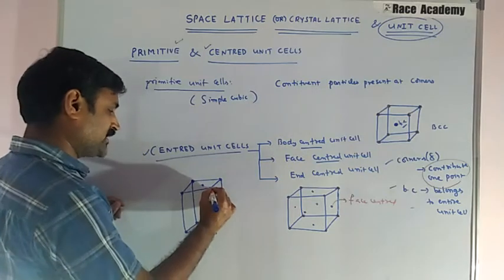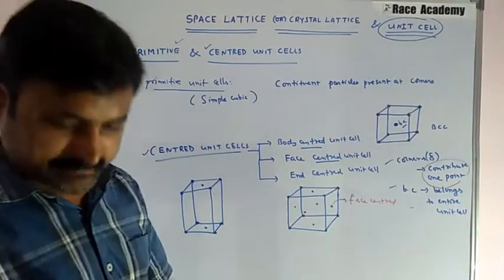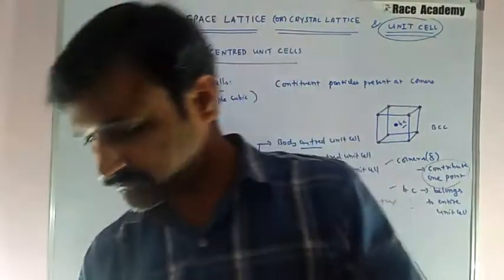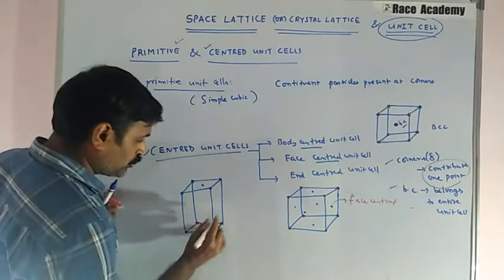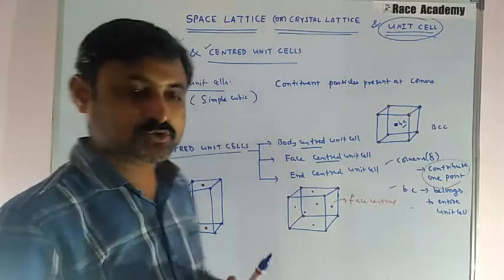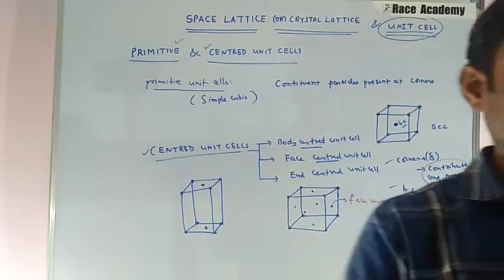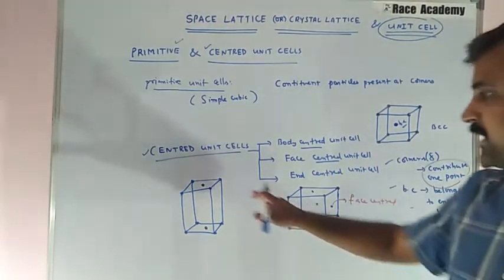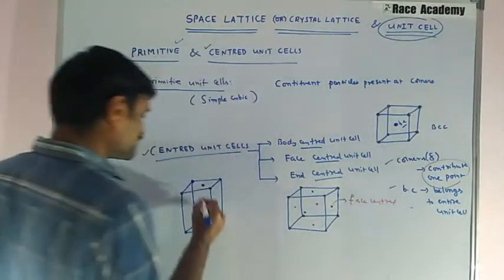At the corners we have 8 points. These are the points we need to notice. You have to select 2 opposite faces, and if you see the face centers of the 2 opposite faces in addition to the corners, this is called an end centered unit cell.